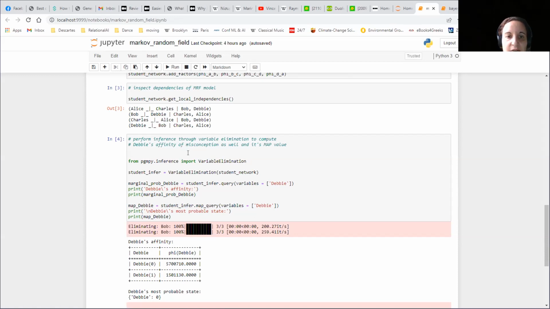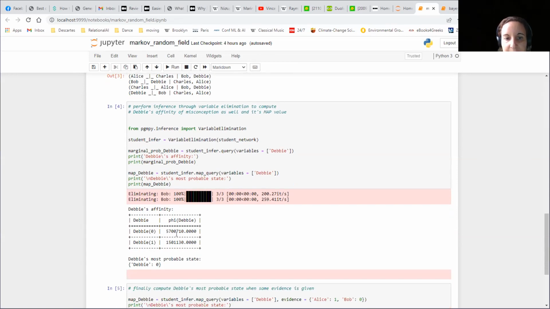as we described it, in order to find Debbie's affinity of misconception. That's the marginal probability distribution. And we find that Debbie has a large affinity to have a misconception, and a much smaller one to not.